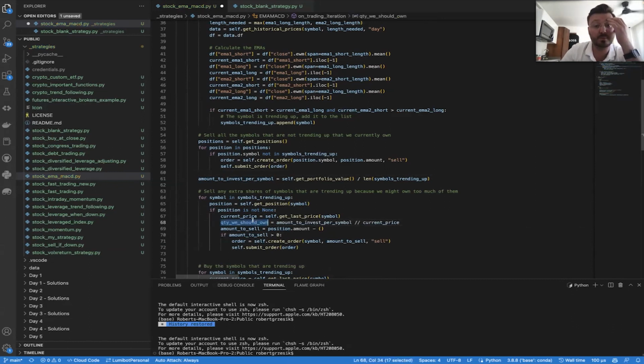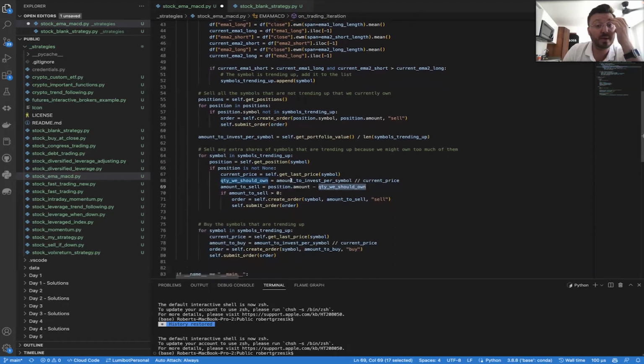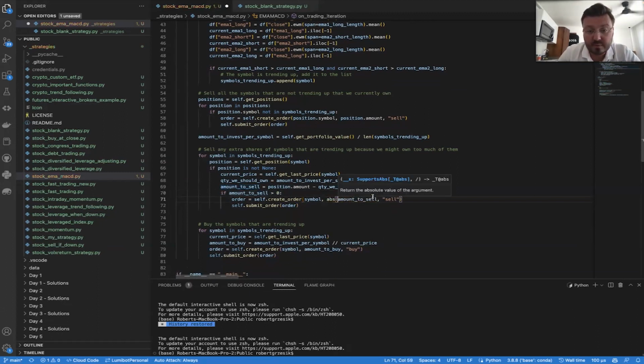So amount to sell is going to be whatever position we have minus the quantity that we should own. And then if the amount to sell is above zero, then we make a selling order of the amount to sell. And this has to be absolute, because otherwise it's going to be a negative amount.